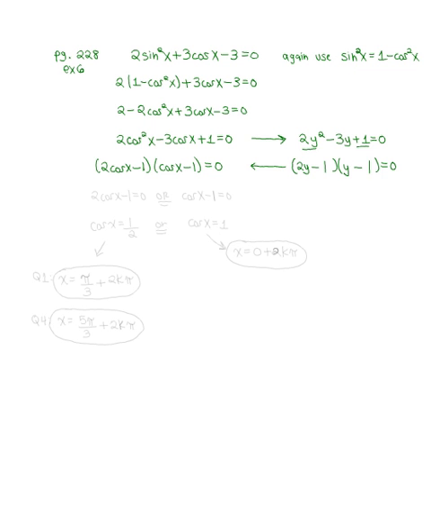And then we use the zero product property: 2 times the cosine of x minus 1 equals 0, or cosine of x minus 1 equals 0. That tells us that the cosine of x is either equal to 1/2 or cosine of x equals positive 1.